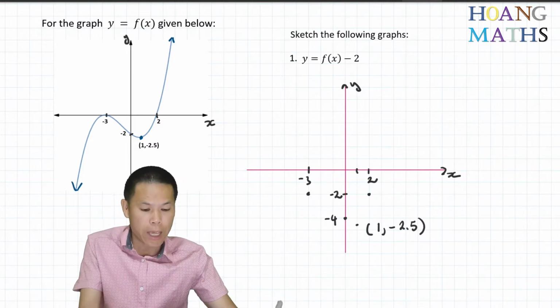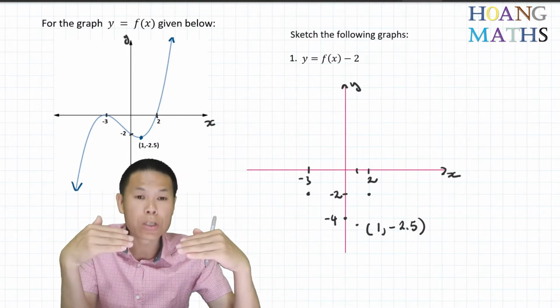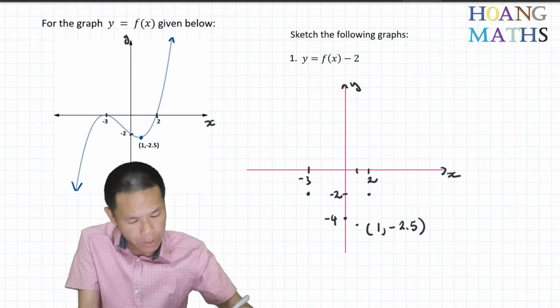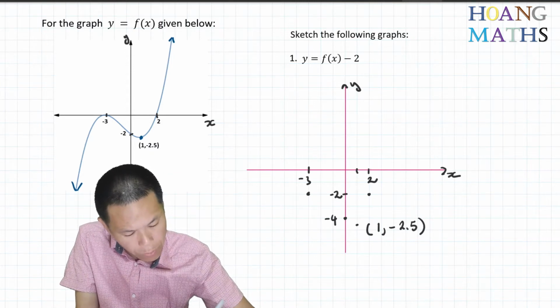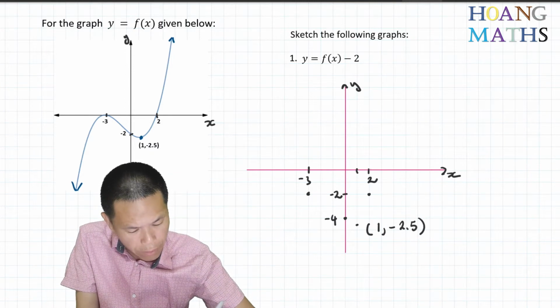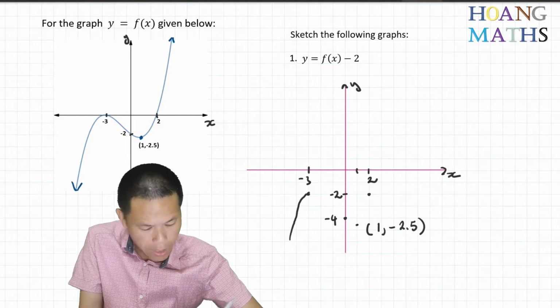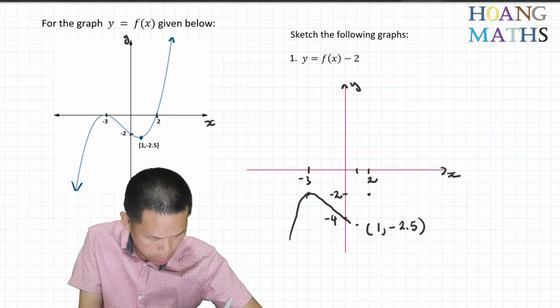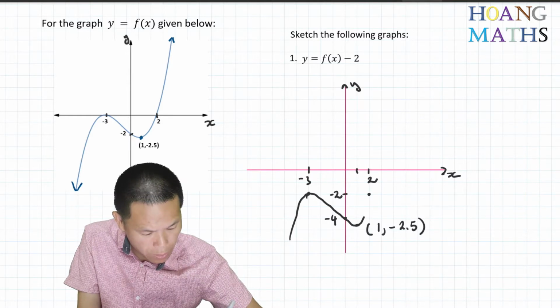And that's it. So we just join the points together. We start from the bottom, roughly from here, and then we turn here, turn again, and turn going up.